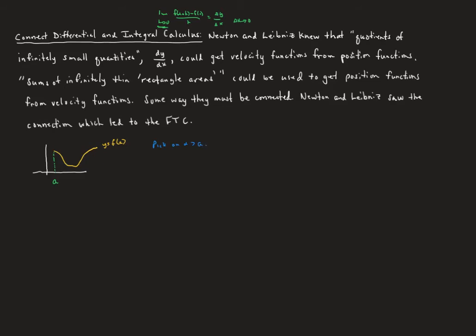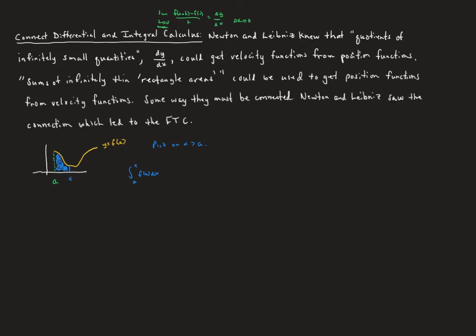Now, if there were a whole room full of us, we would probably all pick slightly different values of x. And so what we can say is that this picture represents this integral from a to x of f of x dx. That is what I have shaded there for my choice of x.